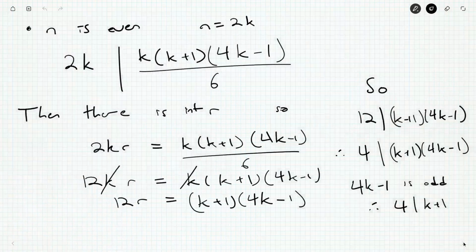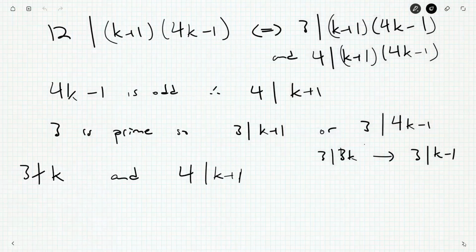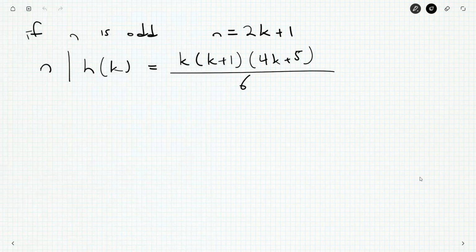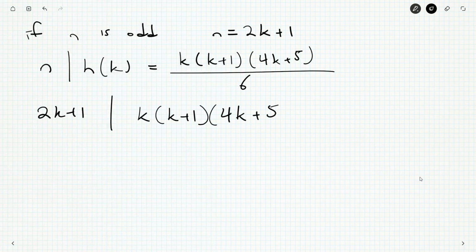All right, fantastic. This, I feel like, might be a weirder situation, but fine. So, 2k plus 1 needs to divide k times k plus 1 times 4k plus 5 over 6.